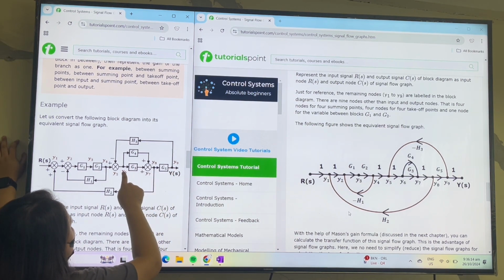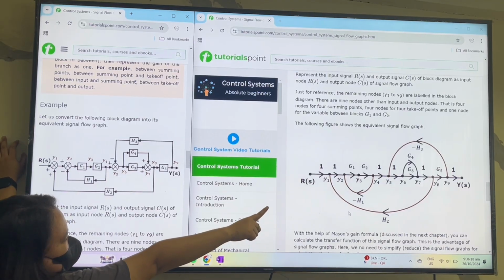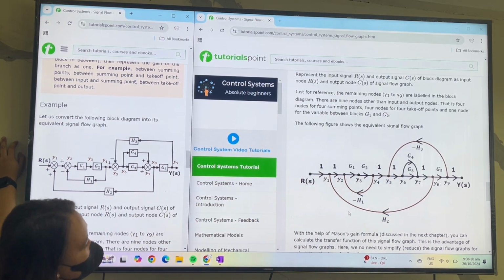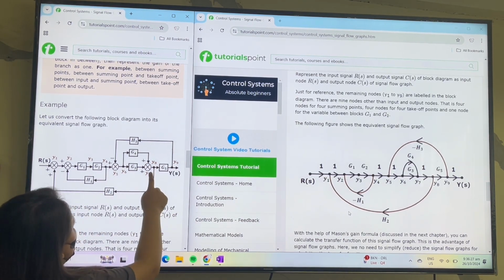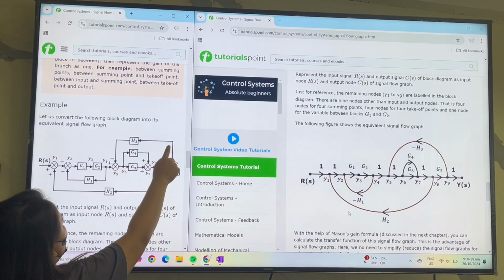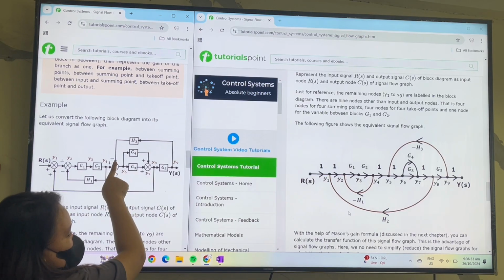Now, if you look here, Y6 to Y7 has G4, positive. And we have Y9 to Y5, negative H3, negative feedback.